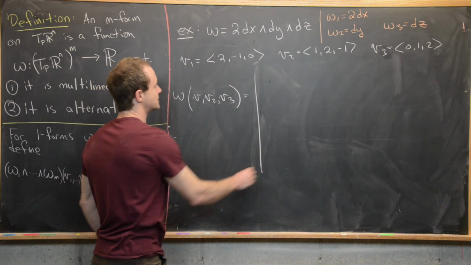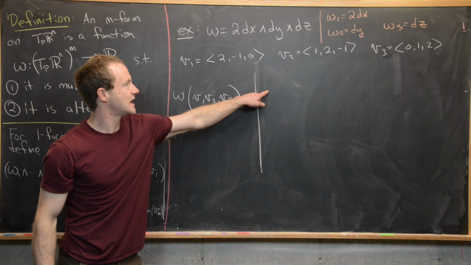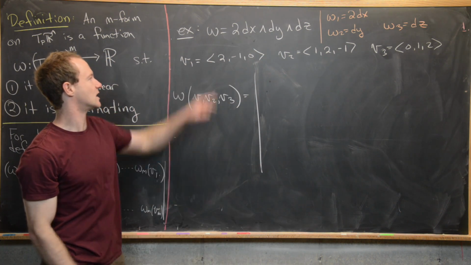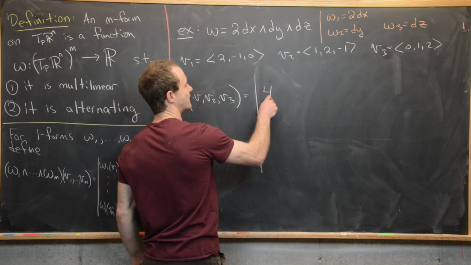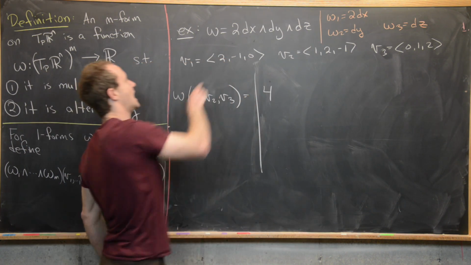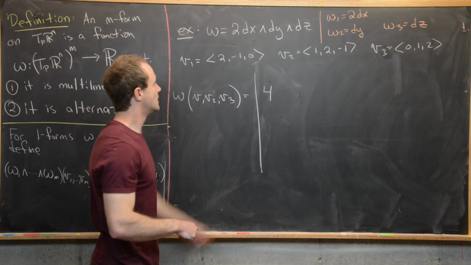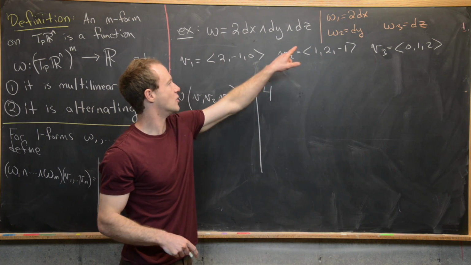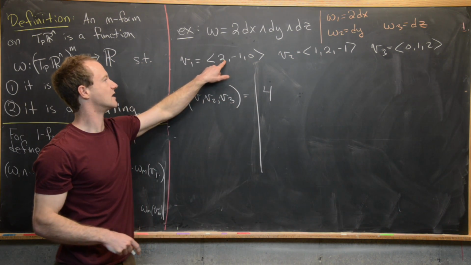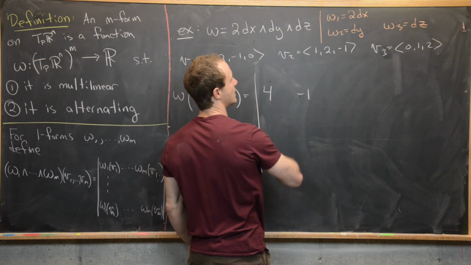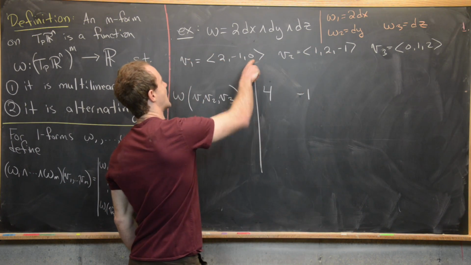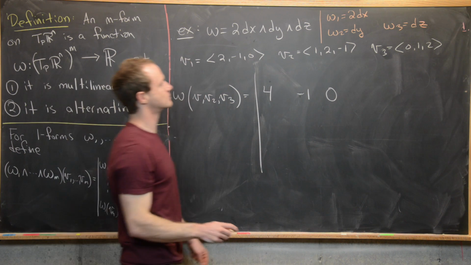Okay, good. So in this first entry up here, we get omega 1 acting on v1. In other words, we'll get 4 because we have 2 times this 2 right here. For this entry right here, we'll have omega 2 acting on v1, so that's going to give us negative 1. And then finally, omega 3 acting on v1, so that'll give us 0.